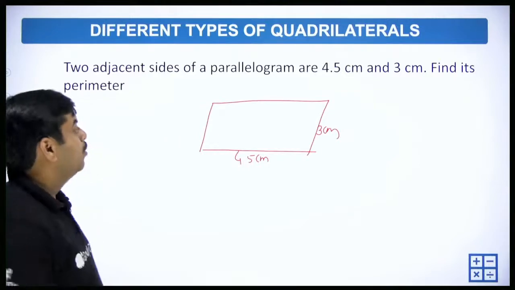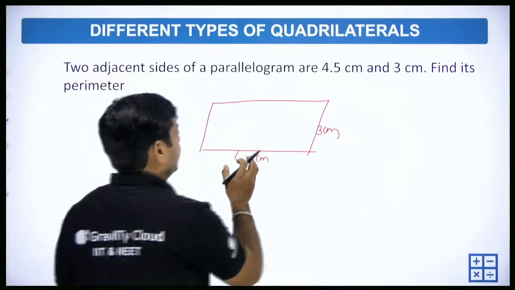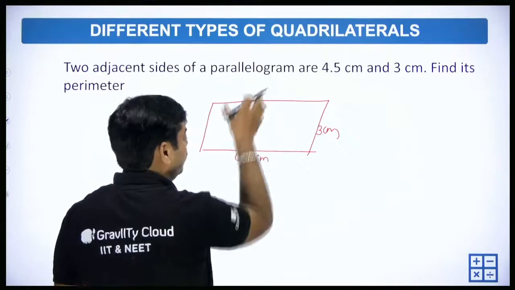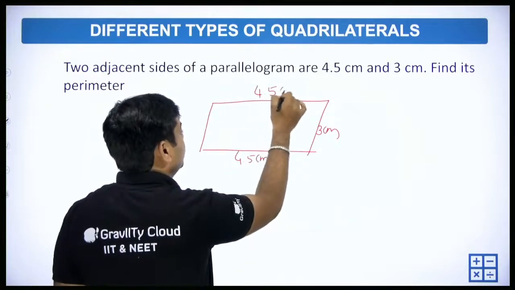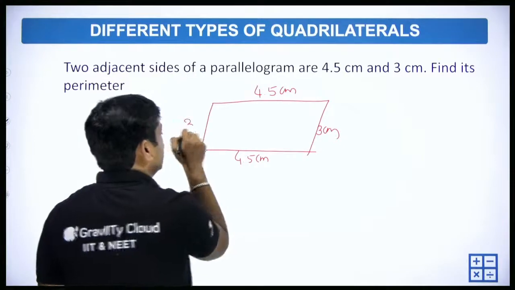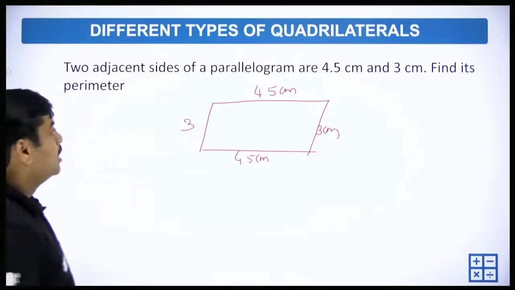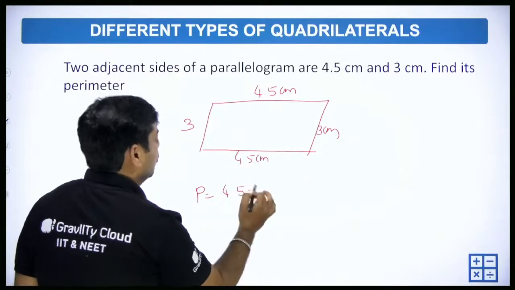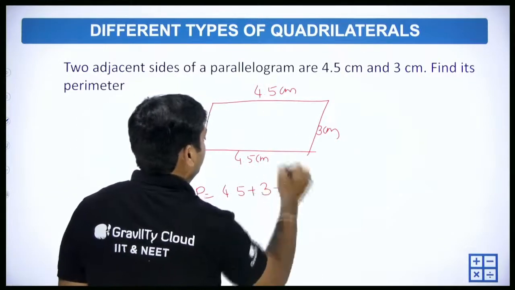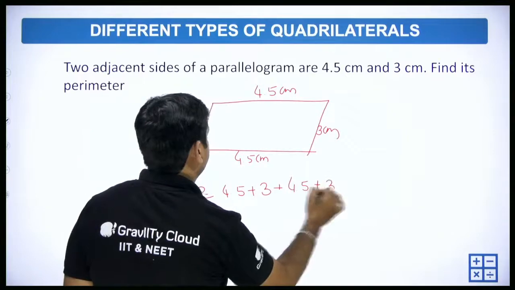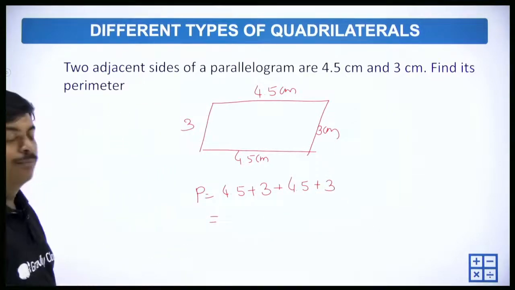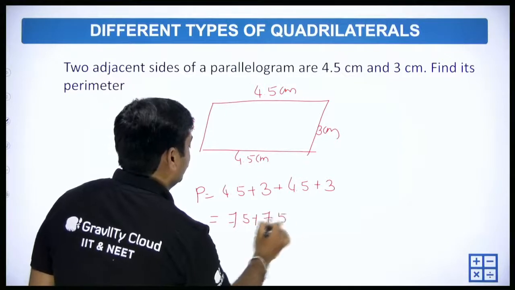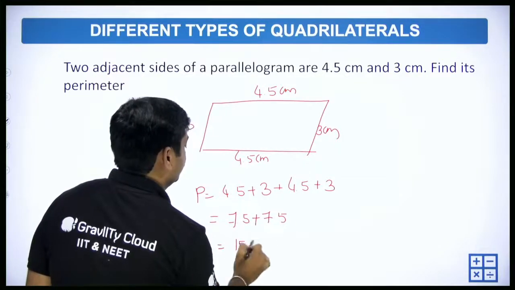Now one side is 4.5, the other side is 3 centimeters. In a parallelogram, the opposite sides are equal, so this is again 4.5 centimeters and this is again 3 centimeters. Let's find the perimeter: 4.5 plus 3 plus 4.5 plus 3. 4.5 plus 3 is 7.5, and 7.5 plus 7.5 gives 15, so the perimeter is 15 centimeters.